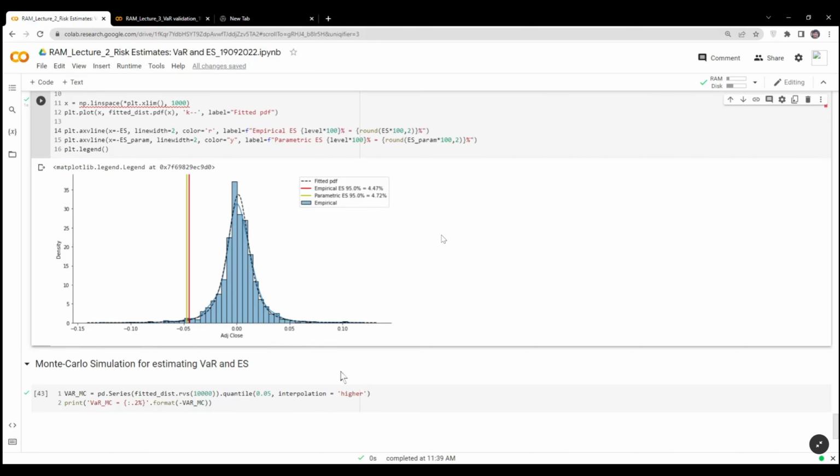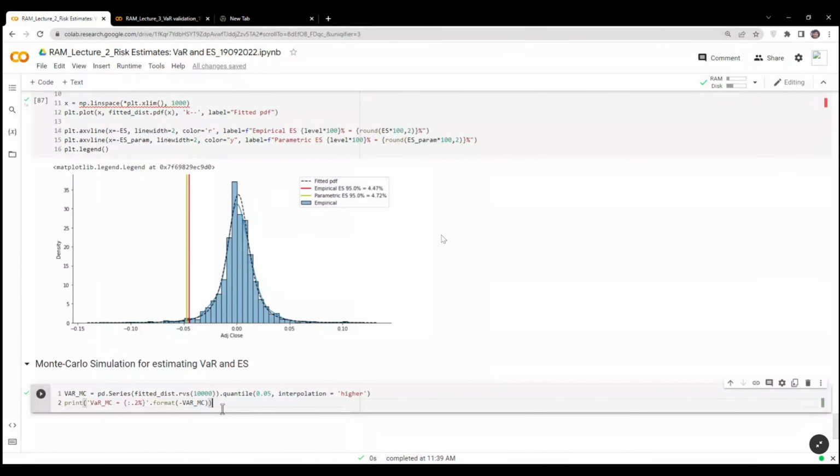Also, I have a brief description here for the case of Monte Carlo simulation. I'm going to leave it for a seminar because it describes the case when the model cannot be treated as an analytical one, so I cannot integrate the probability density function.